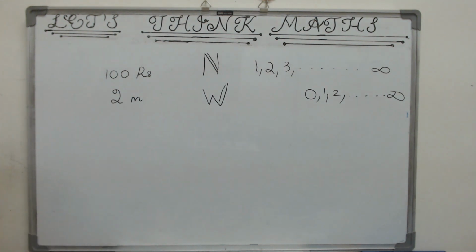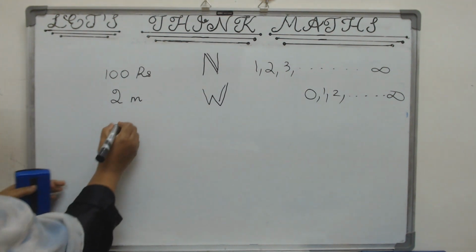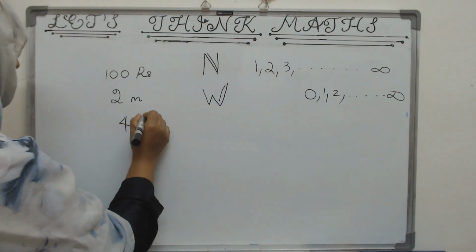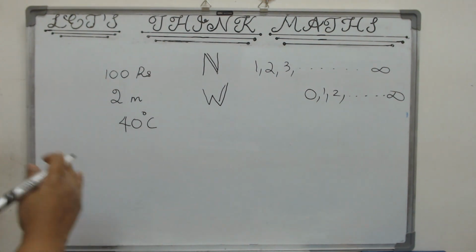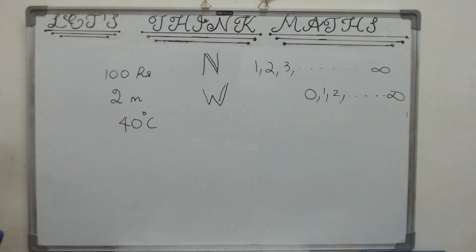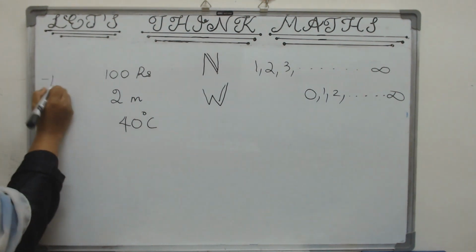Suppose there is a fish swimming below the water at a distance of 2 meters. Then how will I denote it mathematically? If extreme hot temperatures can be denoted mathematically, say as 40 degrees Celsius, then how will we mathematically represent extremely cold temperatures? For all of that, what do we need?